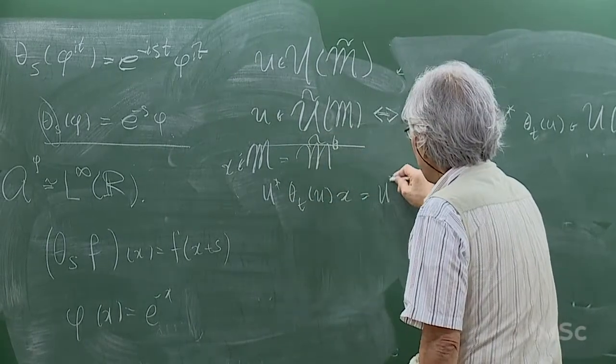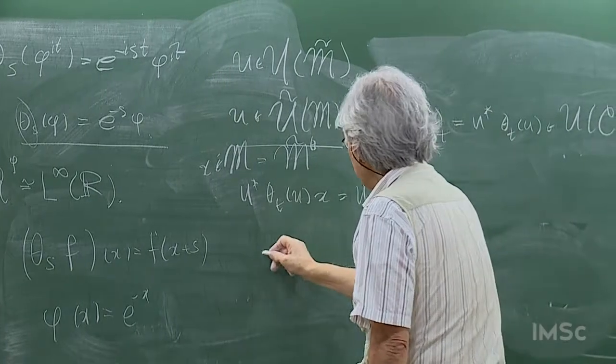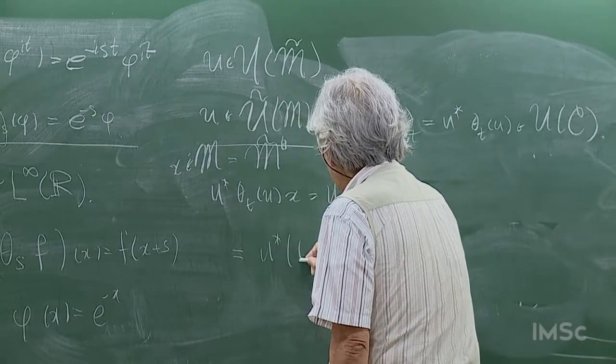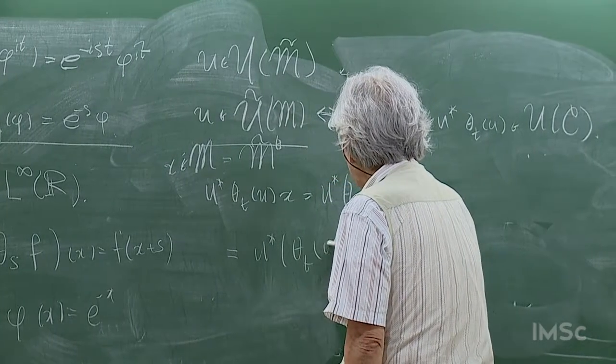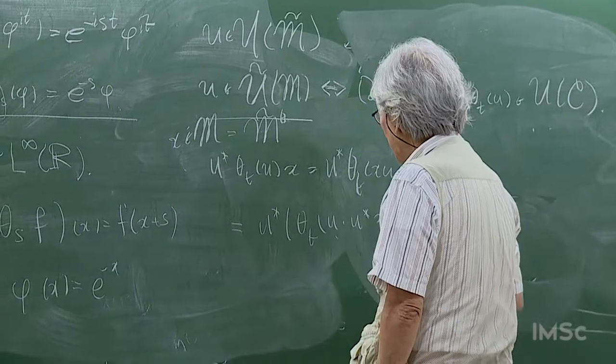So U star theta T of X U. Then we have U star theta T of U star X U. This is an identity.